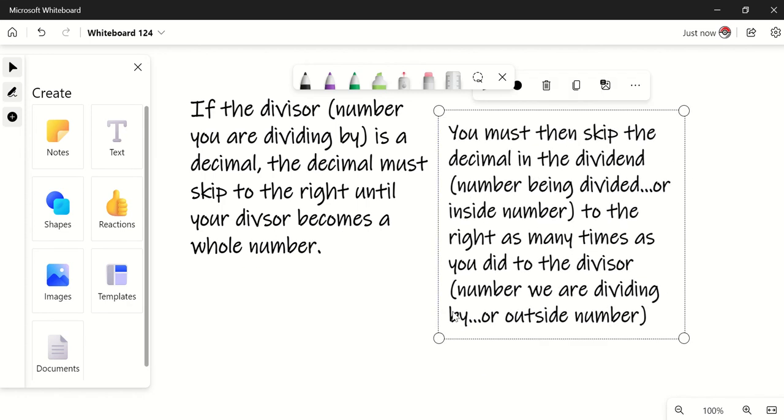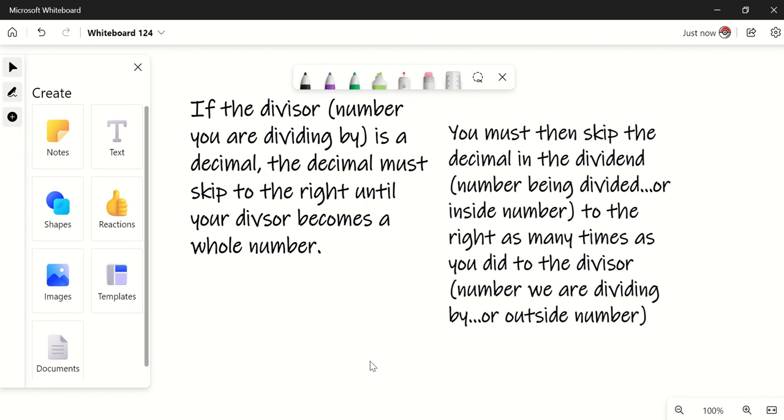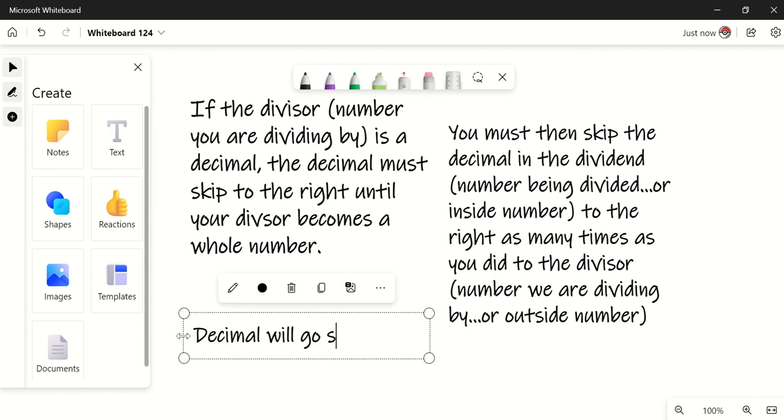So you must then skip the decimal in the dividend, or inside number, to the right as many times as you did the divisor, or outside number. The decimal will then go straight up into the answer.